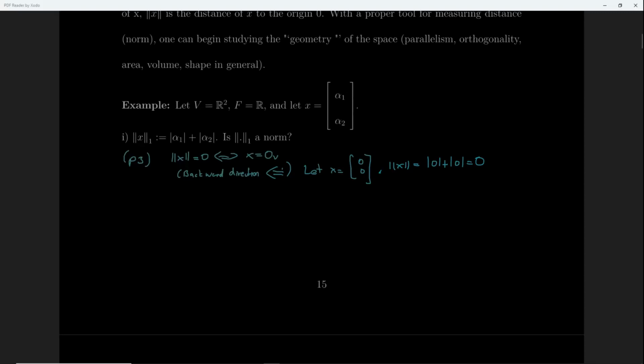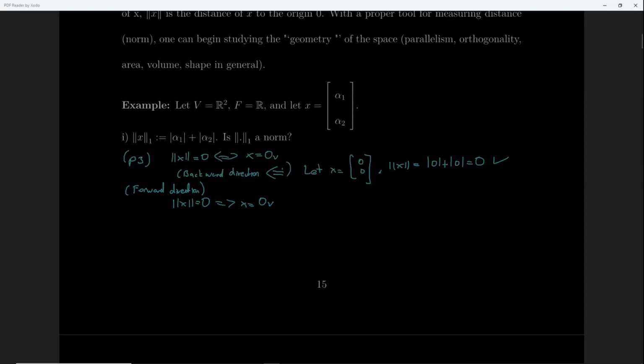So we were able to show the backward direction. And in the forward direction, because it's an if and only if statement, it says that if norm x is equal to 0, then x must be equal to the 0 vector.